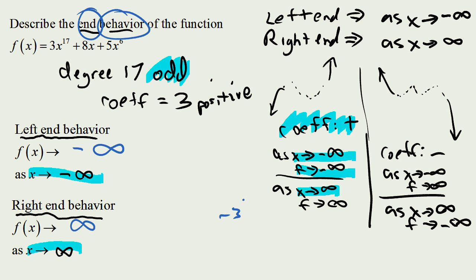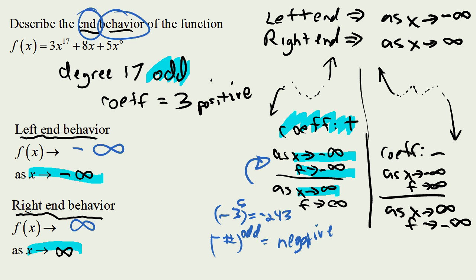Negative 3 to the 5th power is a negative number. And so it's the combination of having a negative number raised to an odd power, the result is negative. And that's what's going on with the left end behavior.